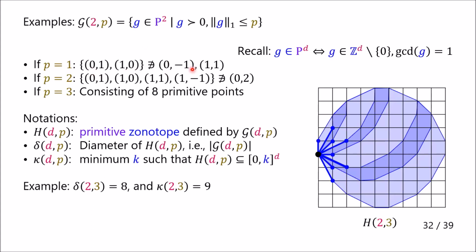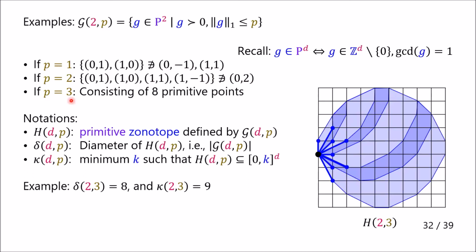For example, (0, -1) cannot be included as its first non-zero component is negative, and also (1, 1) cannot be included as it violates the norm constraint. And thinking in the same way, we see that if p is 2, then the set is given like this. And note that, for example, (0, 2) cannot be included as it is not primitive. The GCD of this vector is 2.